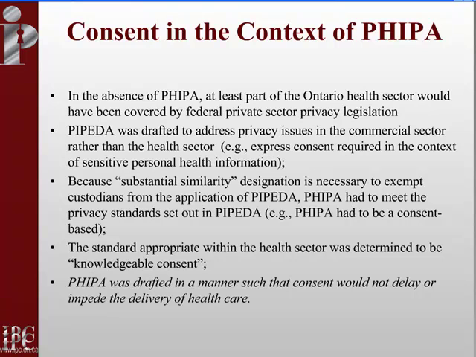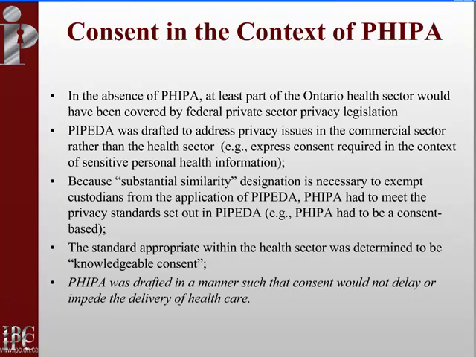So when the federal legislation came into effect at the beginning of 2004, health information custodians in Ontario were particularly concerned about the application of the express consent provision in the context of the provision of health care. So they were opposed to being covered by that legislation, so Ontario worked quickly to get its own legislation in place.